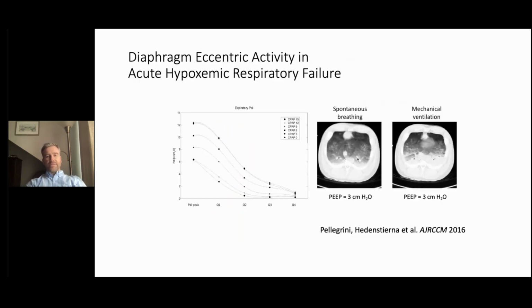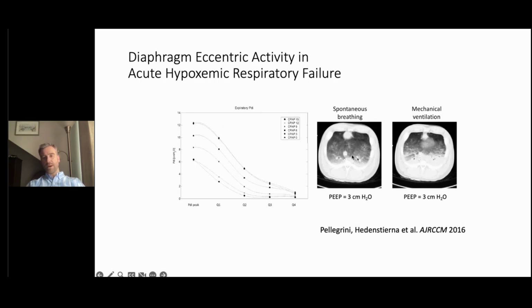There is some data to suggest that this may be important and that eccentric loading is a real phenomenon. During spontaneous breathing with diaphragmatic contraction, there's a significant reduction in atelectasis in comparison to passive mechanical ventilation.